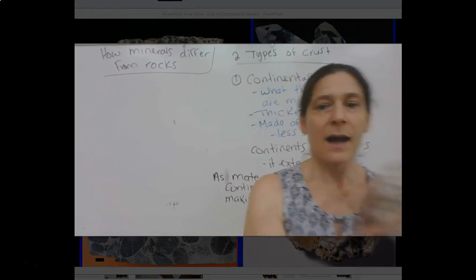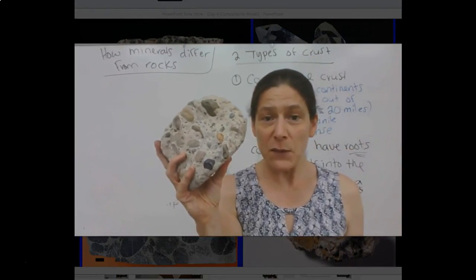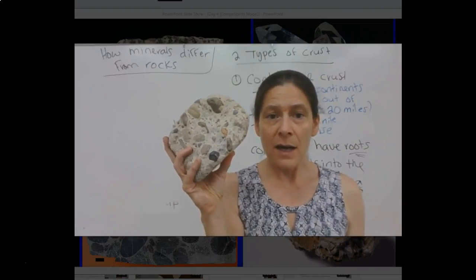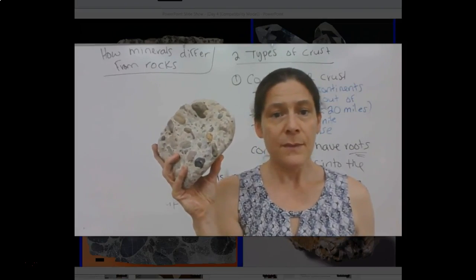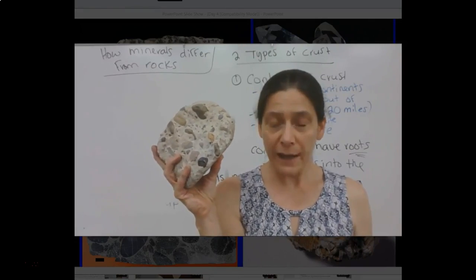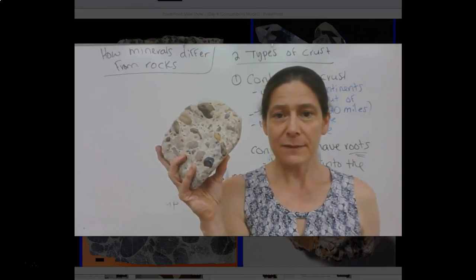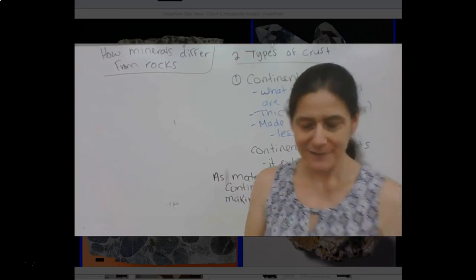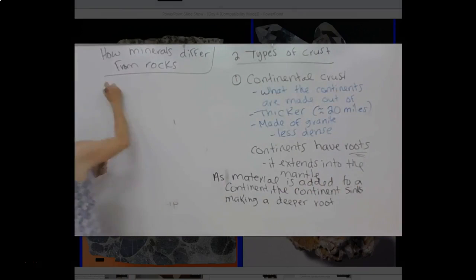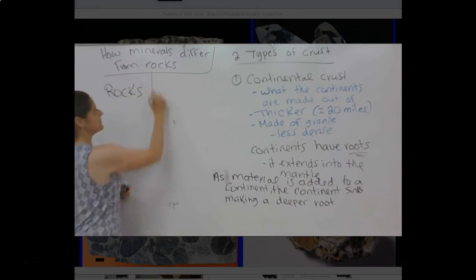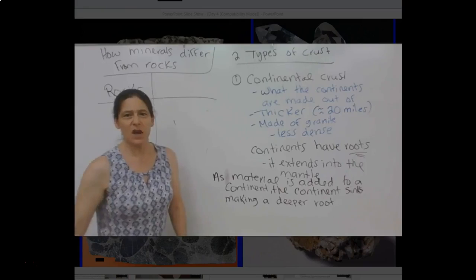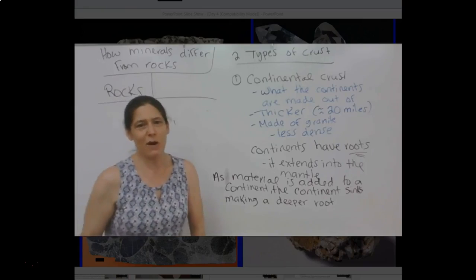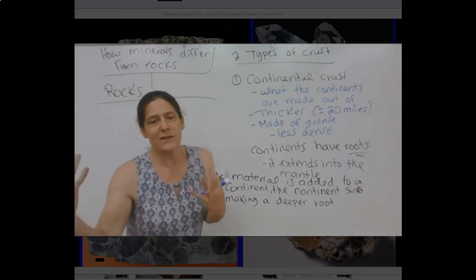If you see a bunch of speckledy different things, even if you can't tell what they are, you're looking at a rock. So rocks are made out of a collection of different stuff, as I like to say. Very technical of me, I know. So maybe make a little chart. Honestly, there's not going to be much in the rock side, so it'll be much more in the mineral side.